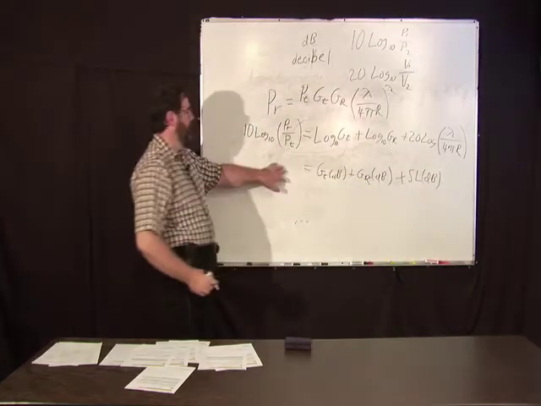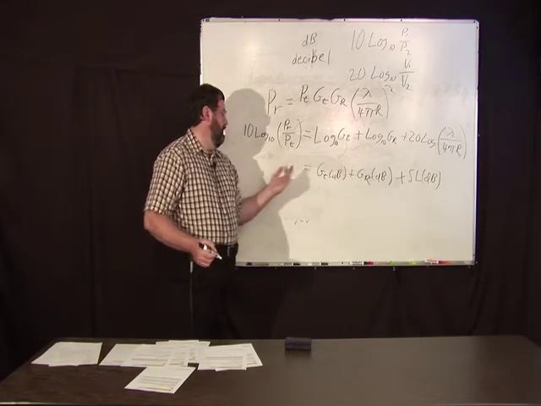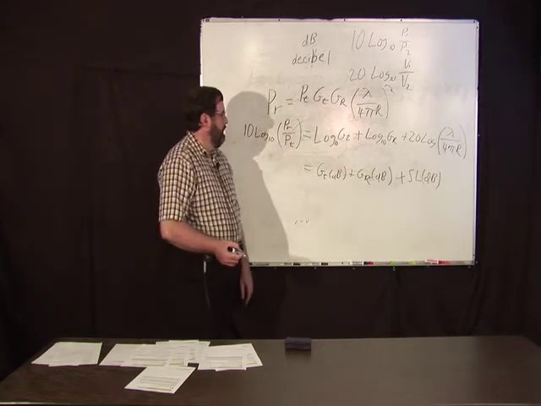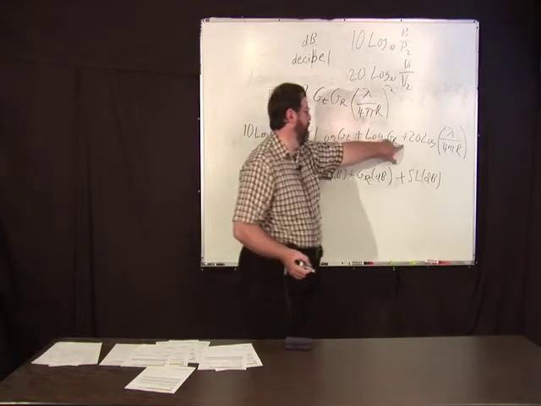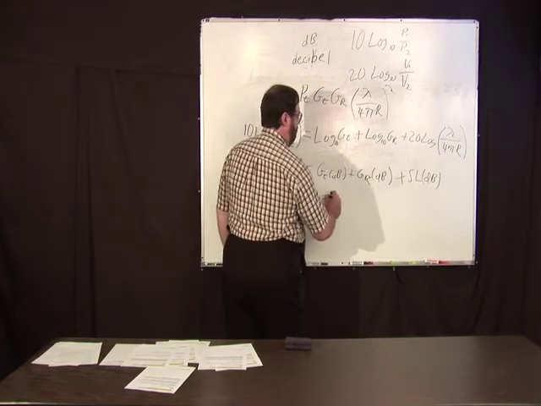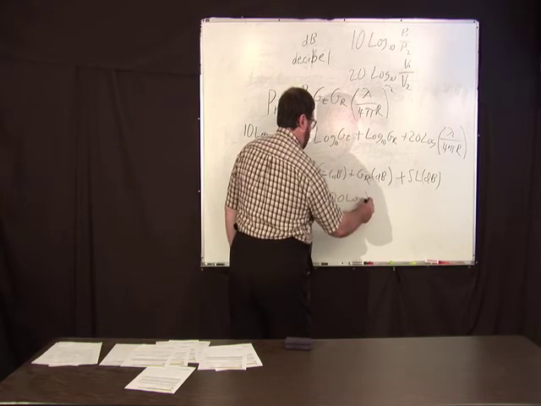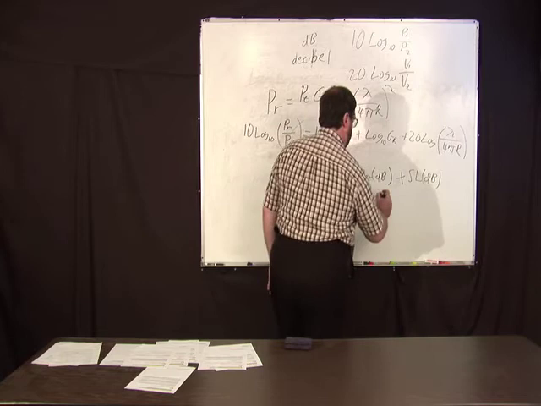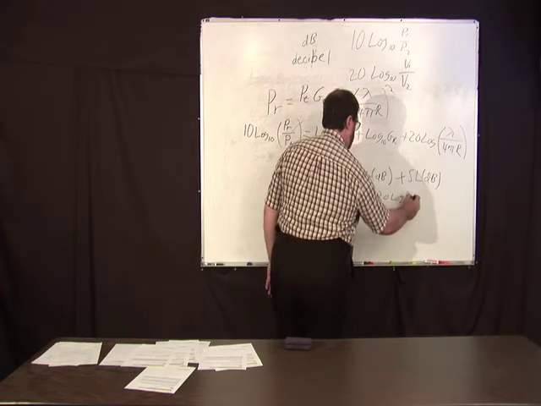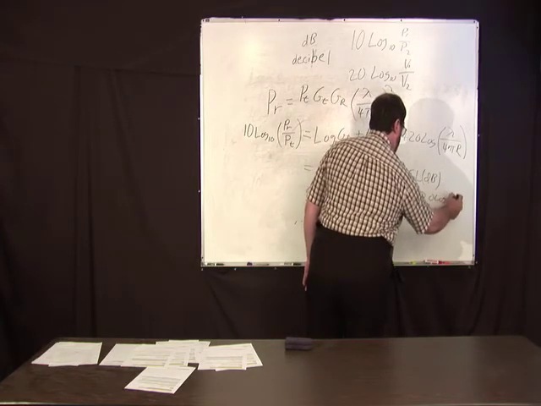So this turns what looks like a fairly complicated equation into a sum of three terms, and this is just the ratio of powers. This term could be further dealt with because that term, space loss, is equal to 20 log lambda minus 20 log r minus 20 log 4 pi.